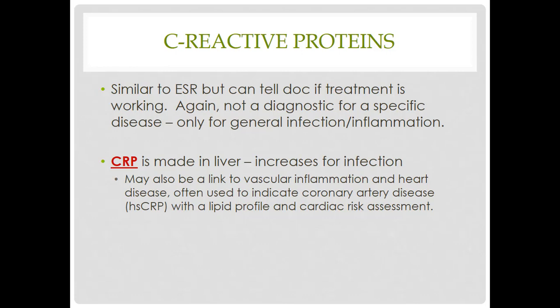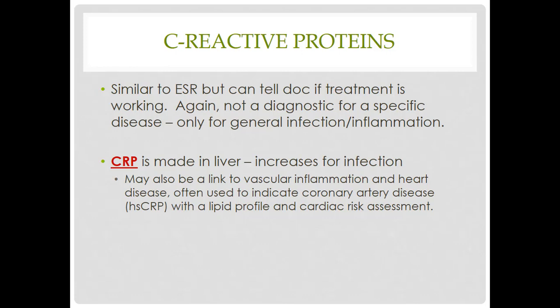CRP, they say, may also be a link to vascular inflammation and heart disease. So it's used to indicate coronary artery disease, HSCRP, with a lipid profile. If you do a cholesterol or lipid panel and a cardiac risk assessment, all three together, and the CRP is high, they would say that your coronary artery disease potential is high, or that you possibly have coronary artery disease.